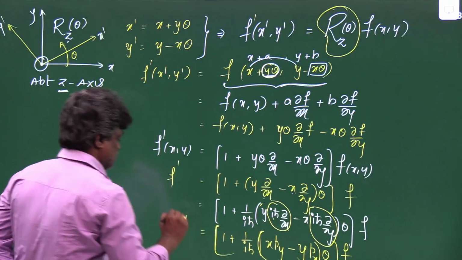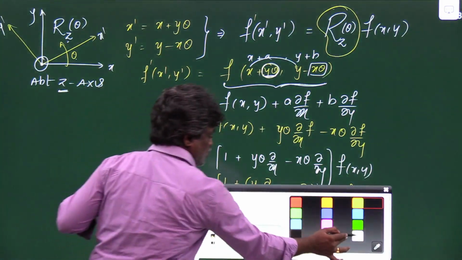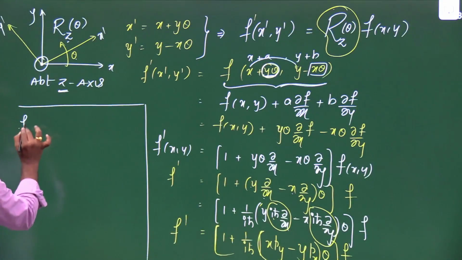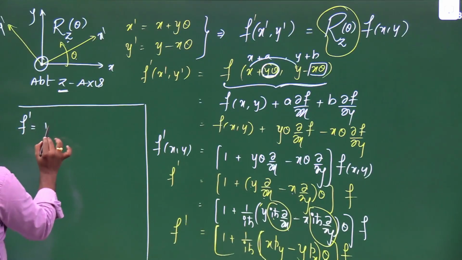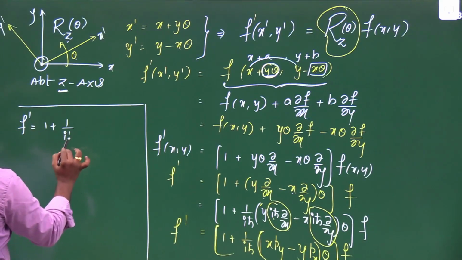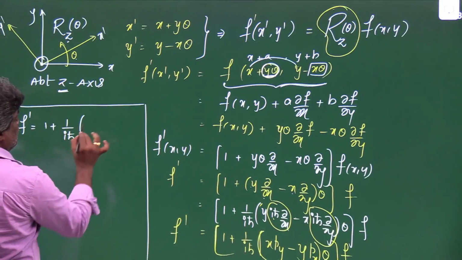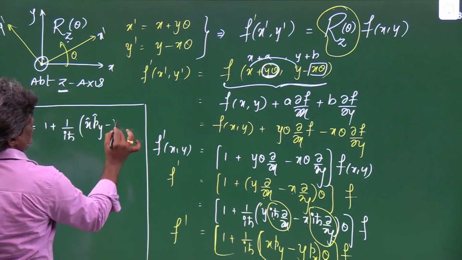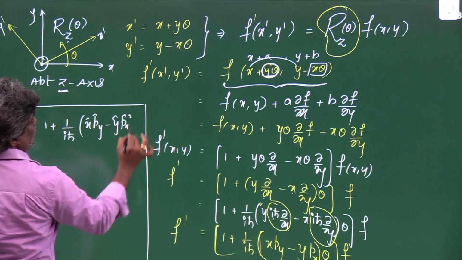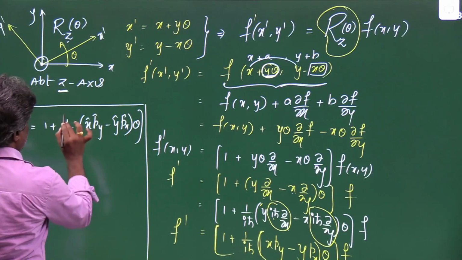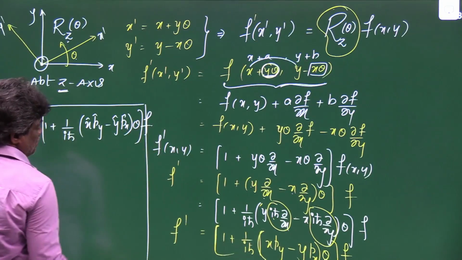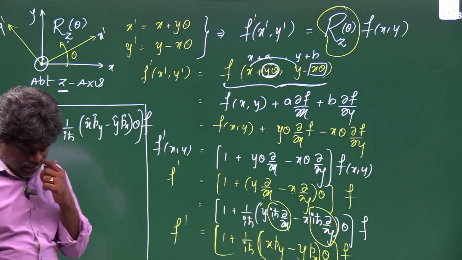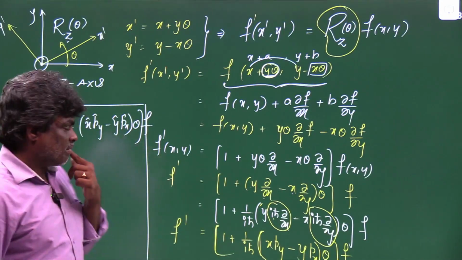And this is f dash. Let me write here one more time. So till now what we got, this is the new function equal to 1 plus 1 by i h cross into, so this is x Py cap minus y Px into theta whole into f. Now tell me, what is x Py minus y Px?